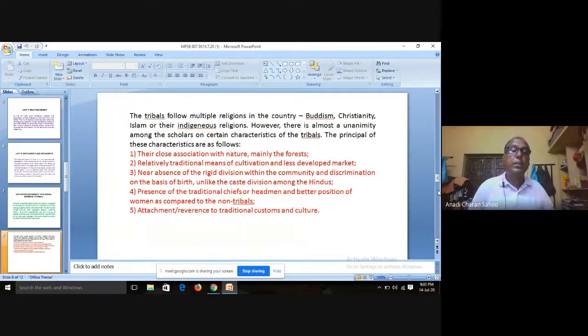Fourthly, presence of traditional chiefs or headmen and a better position of women as compared to non-tribals. Lastly, attachment and reverence to tribal customs and culture. These are regarded as tribals.